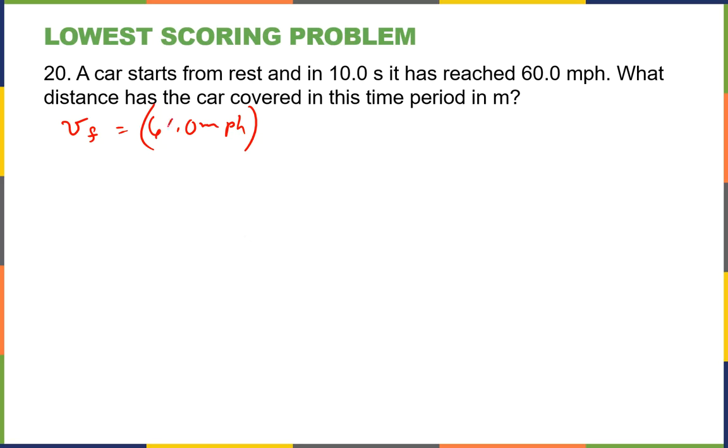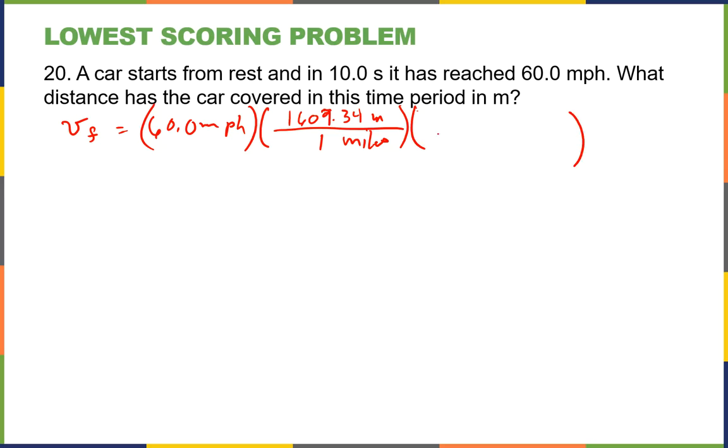Okay, so 60 miles per hour, and you have miles on top, so I need a conversion factor with miles on bottom. And in your equation sheet, you have the conversion factor, 1,609.34 meters per mile. So now that would give me meters per hour, but I don't want per hour either. So remember, per hour means the hours are on bottom.